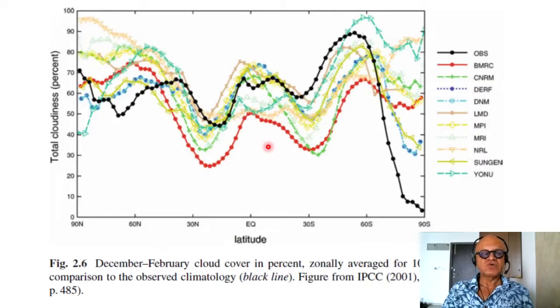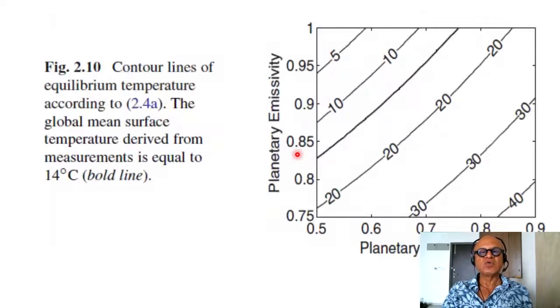So now we use cloud cover as an additional parameter that we estimate from this satellite data observation shown here, which on average is 0.6. So we add now a phase diagram to the solution. We're looking again at planetary emissivity.